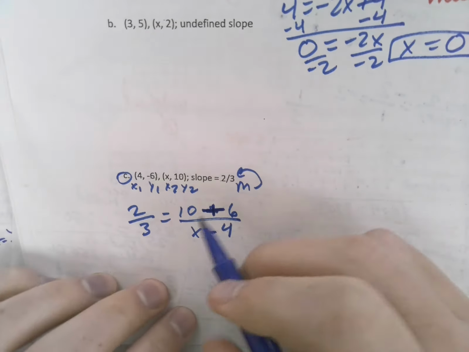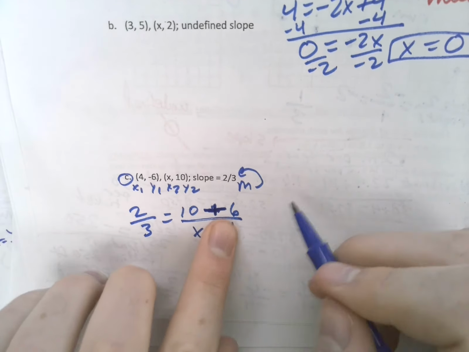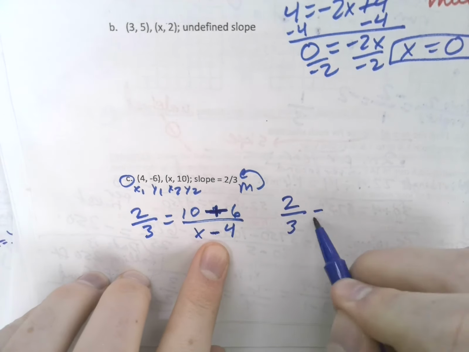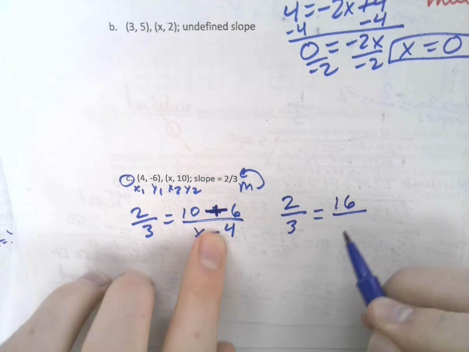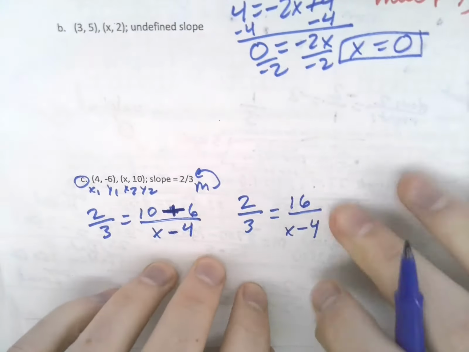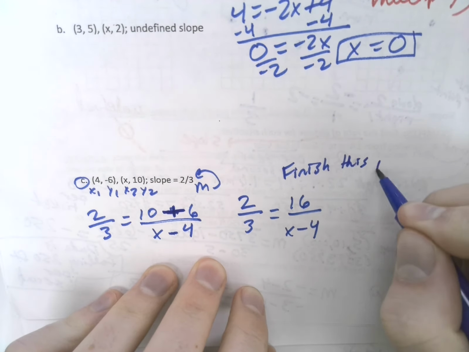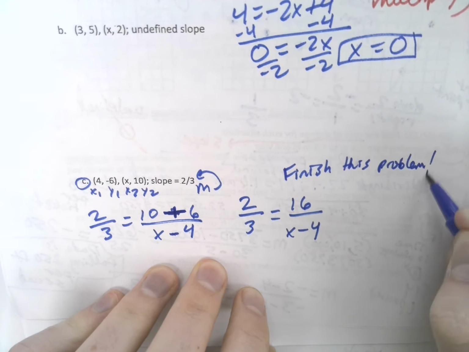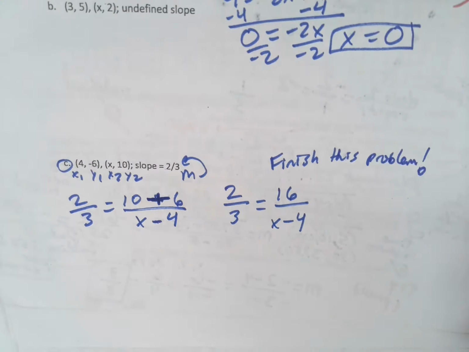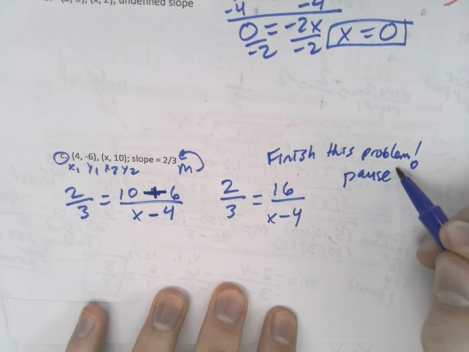I'm going to see if you guys, after we add, of course, 10 plus 6 is 16. See if you guys can finish this problem. See if you can finish this problem for me. You can go ahead and pause the video.